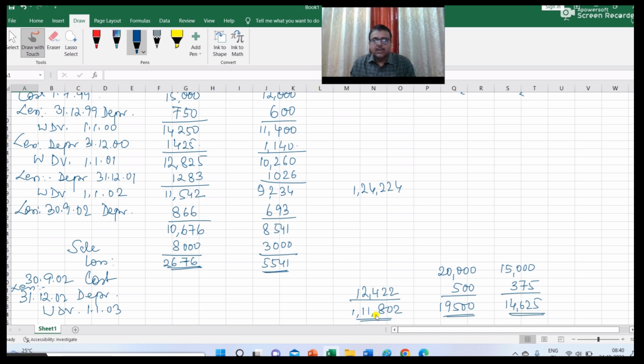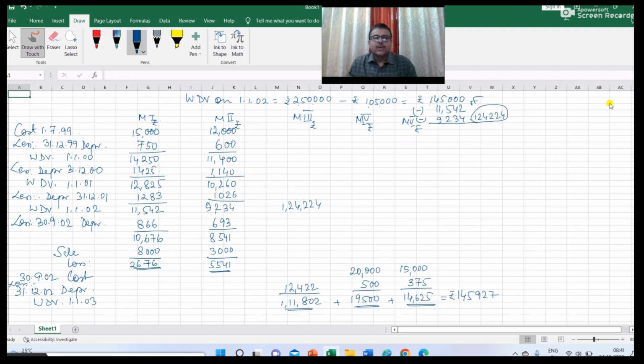So total, the sum total of these three written down value is 1,45,927. I would like to request to note the working in your notebook carefully, because from this working we are going to prepare the ledgers of machinery, machinery disposal account and the provision for depreciation.